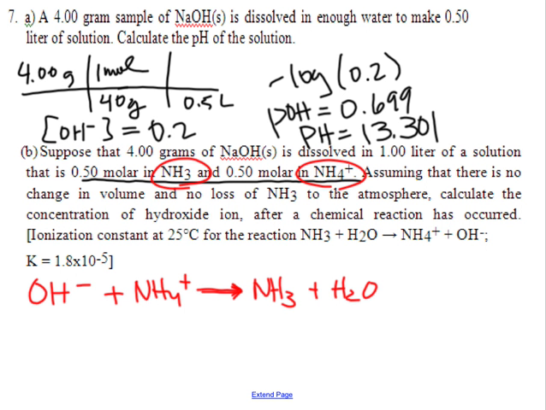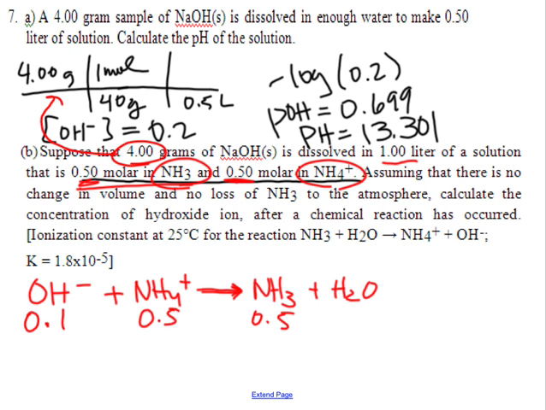And now this is a Stoich table, so I'm going to calculate the moles. We already figured out the moles here. Well, sort of. We can figure out the moles as 4 divided by 40, which is 0.1. All right. For the ammonia, we're dissolving in a liter. So that's 0.5 times 1 is 0.5. And then 0.5 times 1 is 0.5.